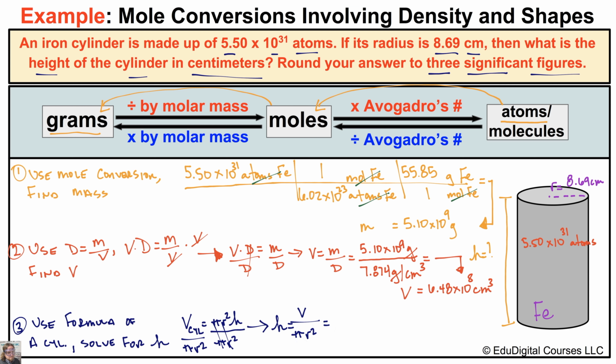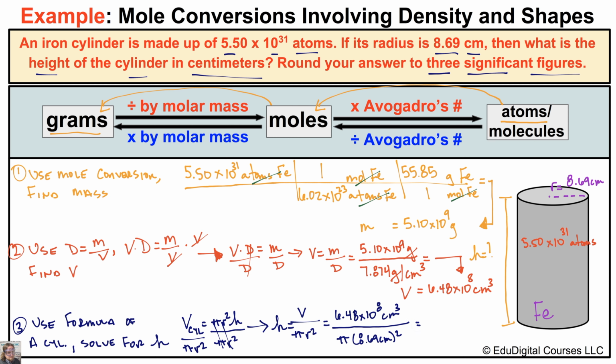So what is the volume? The volume we just figured out, it's right here. It's 6.48 times 10 to the 8th cubic centimeters. And we're going to divide this by pi times the radius, which is 8.69 centimeters squared.